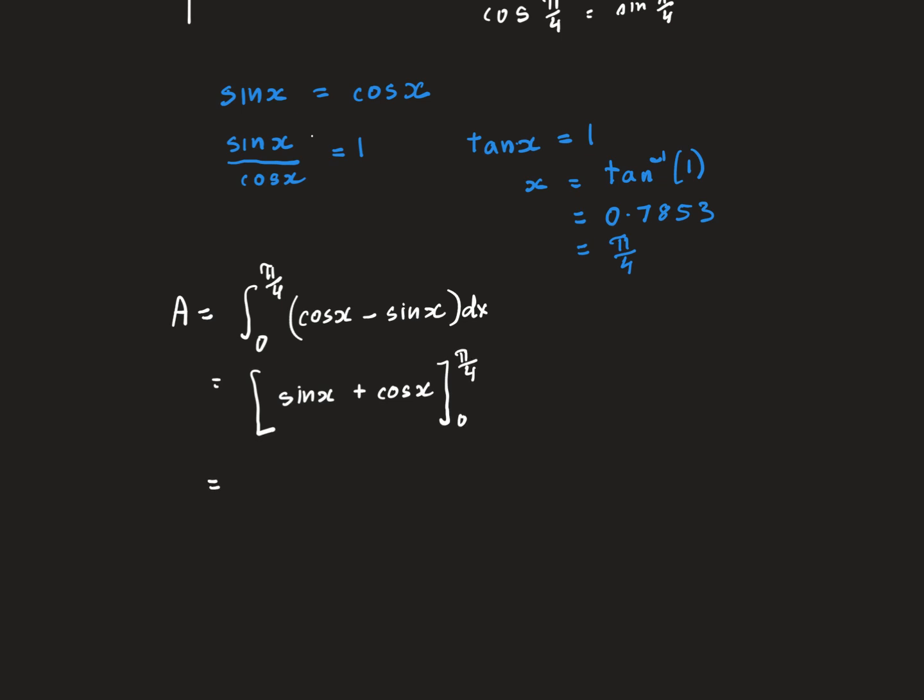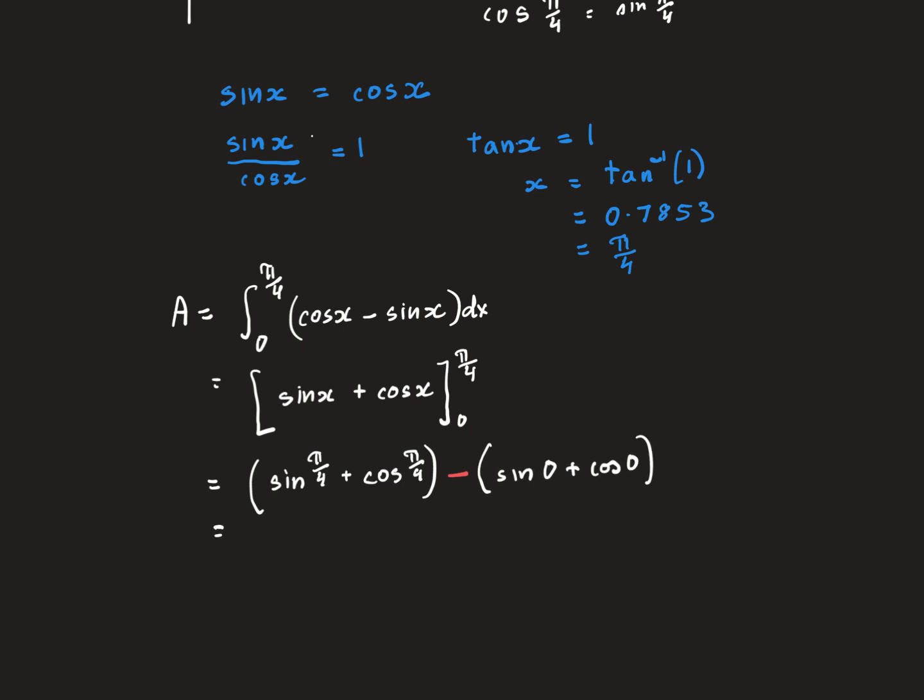And if we substitute that, it becomes sine pi on 4 plus cos pi on 4. And now we're going to subtract this, sine 0 plus cos 0.